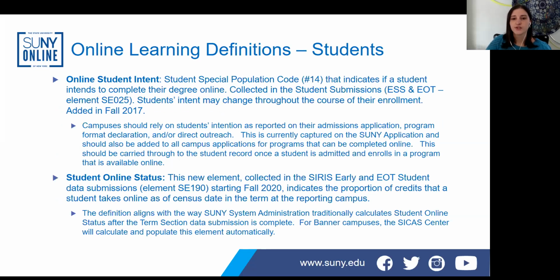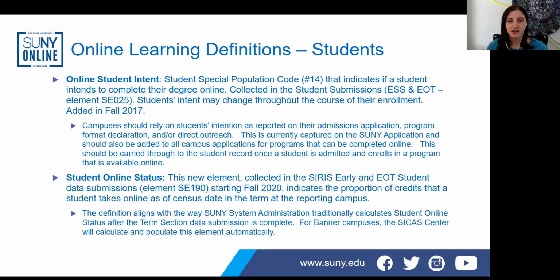All right. So we also have some definitions for students. So we have online student intent, which is a data field that we collect again through Cirrus, where what we want to know here is what is a student's intention? Are they wanting to be an online student? Are they planning to participate mostly online? Or are they intending to be a face-to-face student? This is a data field that we added back in 2017.